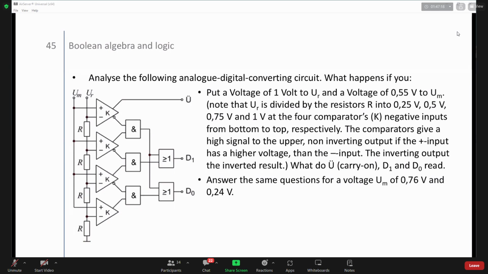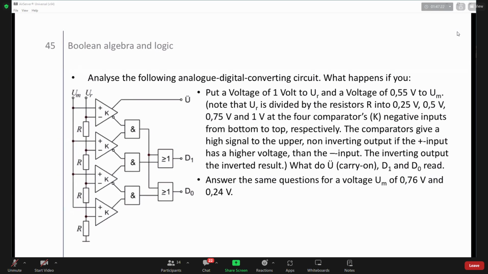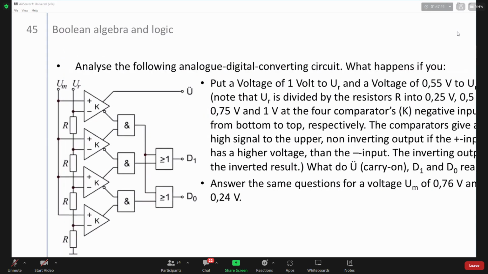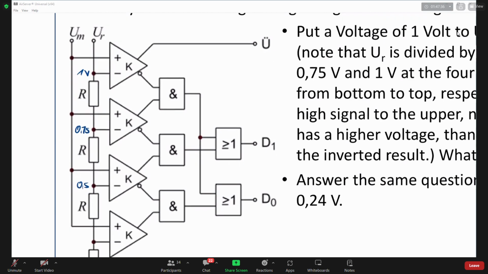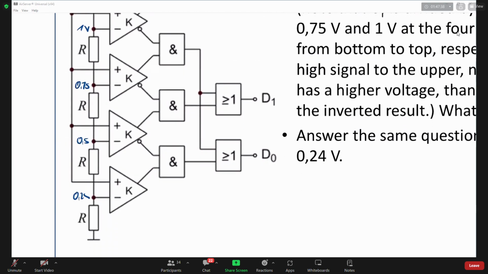So what you have here is your reference voltage. You have here at the reference 1 volt, 0.75, 0.5, and 0.25 volt.